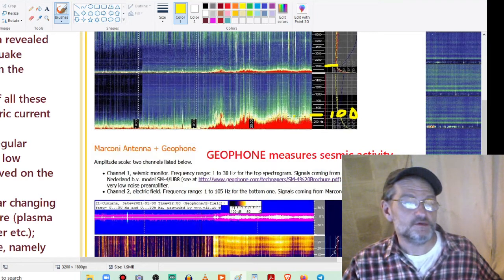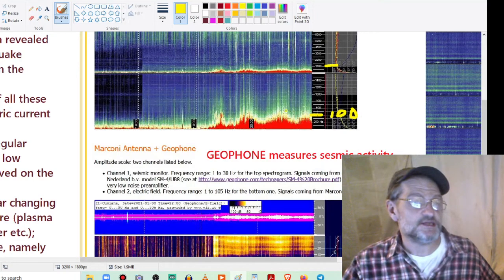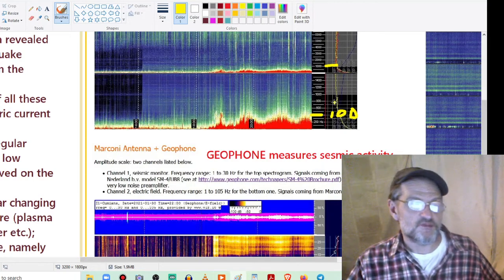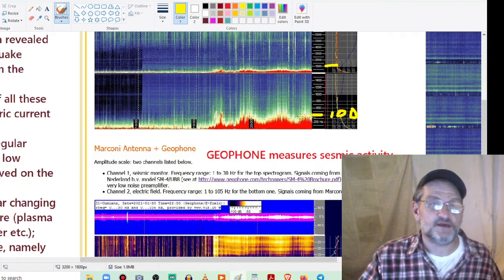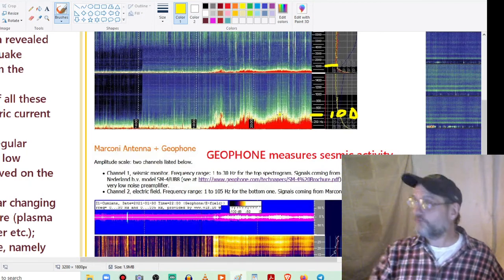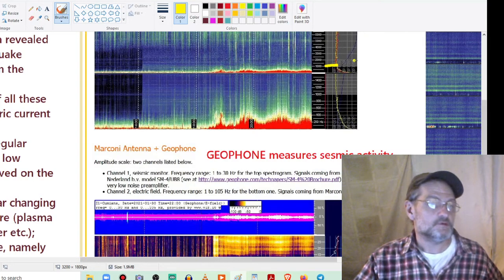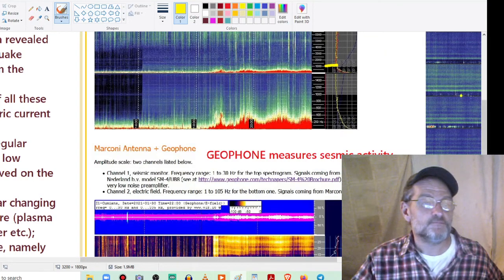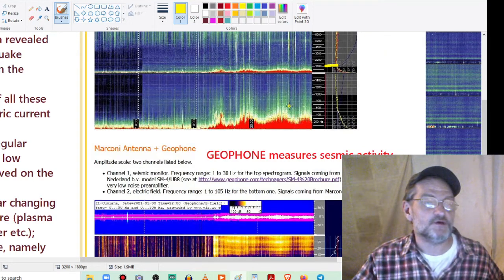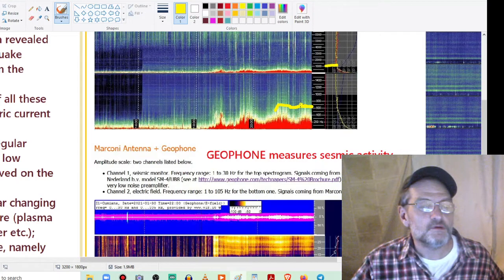You see that they're not that significant relative to what we have seen before, and yet these spikes up here go up to about 2, 4, 6, 7.